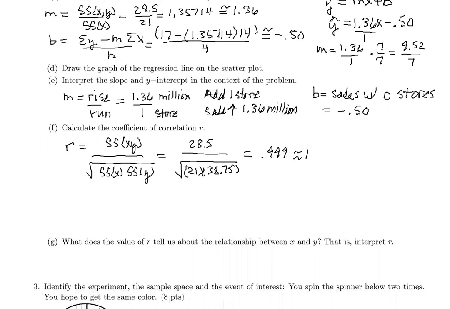And then last up here, what does this R value tell us about the relationship between x and y? So interpret this. Well, remember, when it's really close to 1, then that's a strong linear relationship, and it's positive, so it's going to be a strong positive linear relationship.